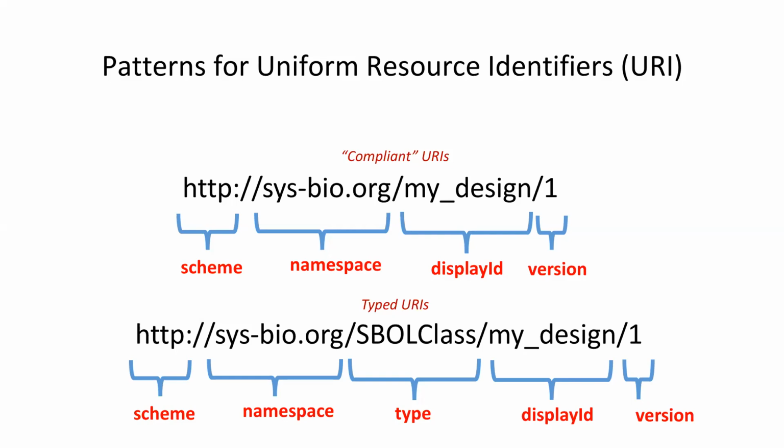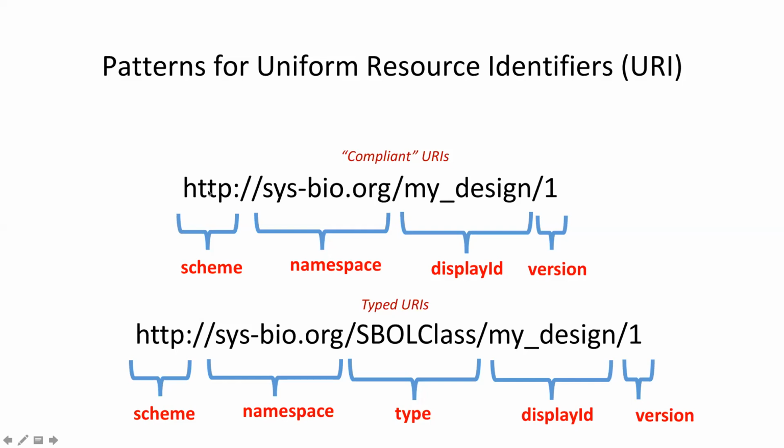It's almost like just about any string could be a valid URI. You can work with those in PySBOL, but it makes everything much more difficult. By using these more structured URIs, it allows you to automate a lot of things and make things more user-friendly. So the first type of URI is what's called an SBOL compliant URI, and that can be decomposed into different elements.